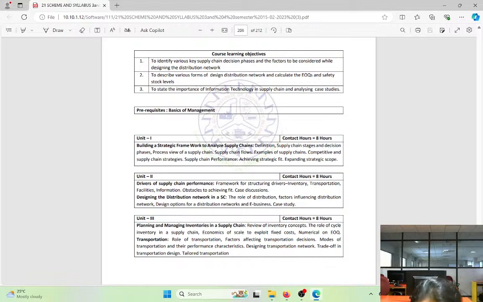So there are two destinations, and we have to reach from A to B. There are 3-4 ways in which we can reach the destination. Which path or which design network will we choose, so that we get the least cost and better quality and it reaches on time. Like that, there are various distribution networks and various factors which influence them, for example, response of the customer, the time required, time efficiency, order availability, order flexibility.